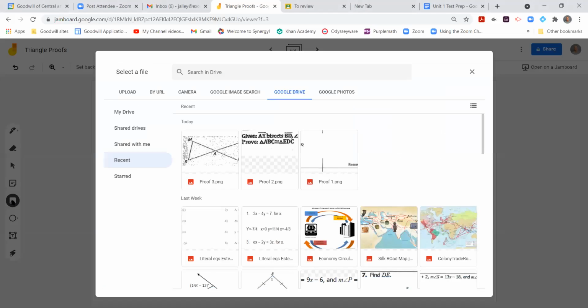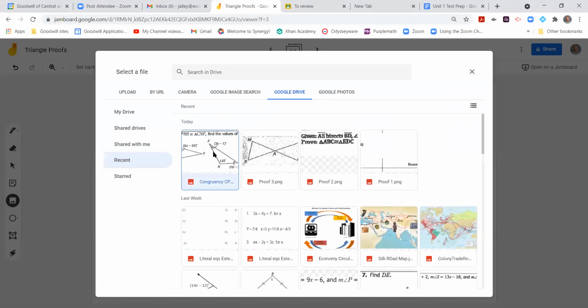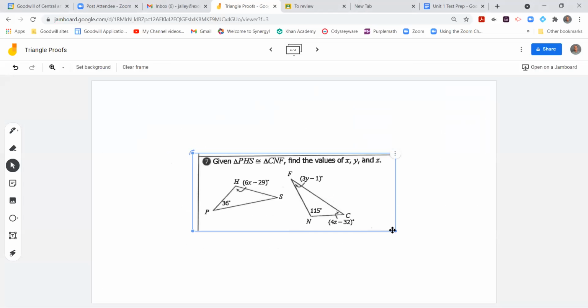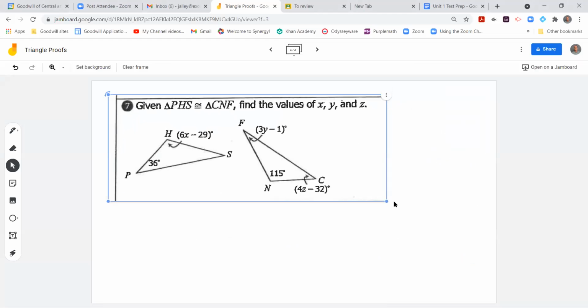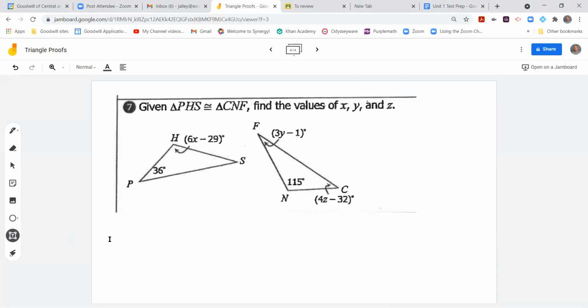Okay. Here's the problem. And just to make myself some notes, I'm going to break this thing down.